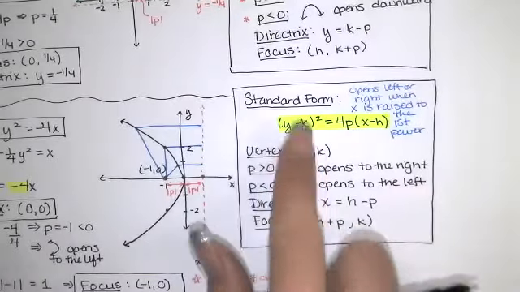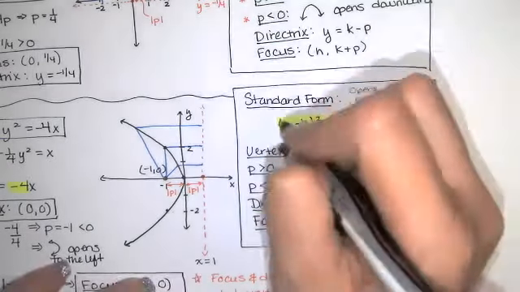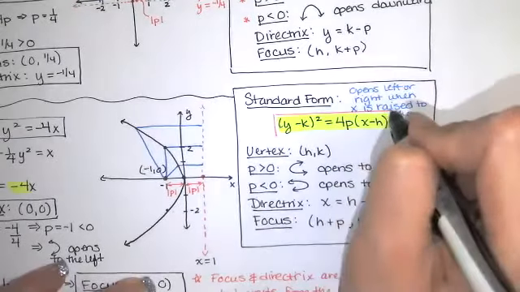Now, often we'll have to complete the square to do this. The next example that we'll do will involve completing the square.